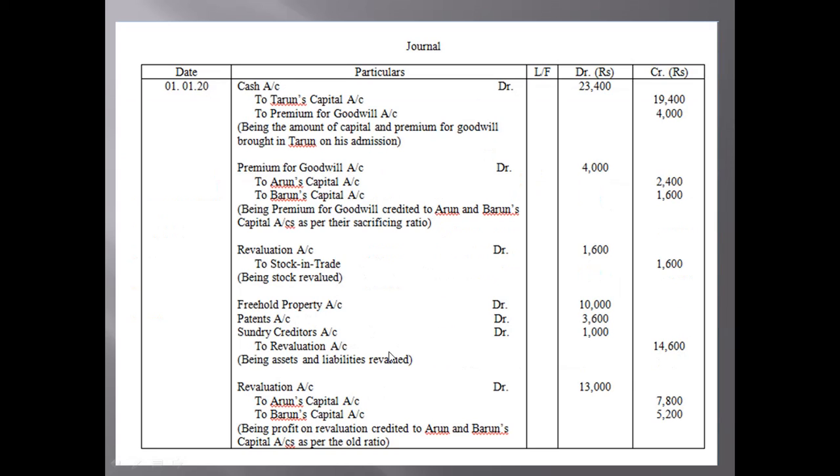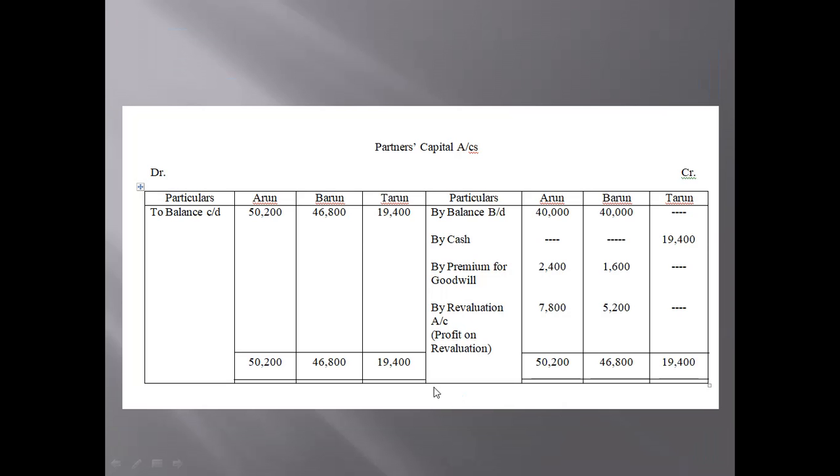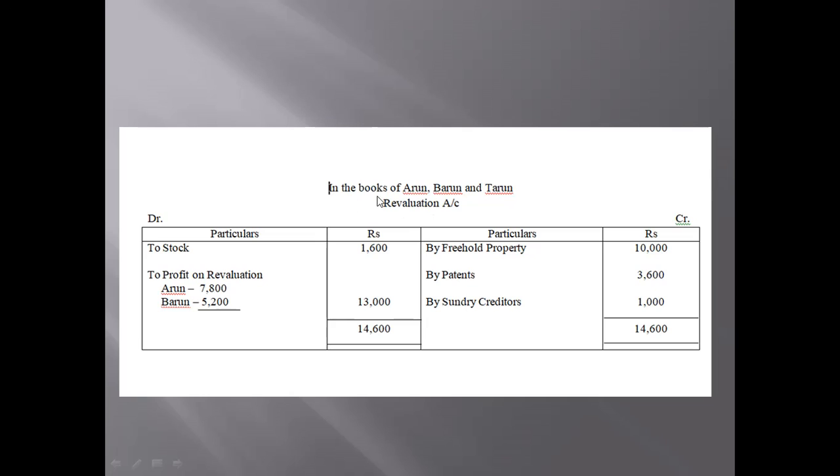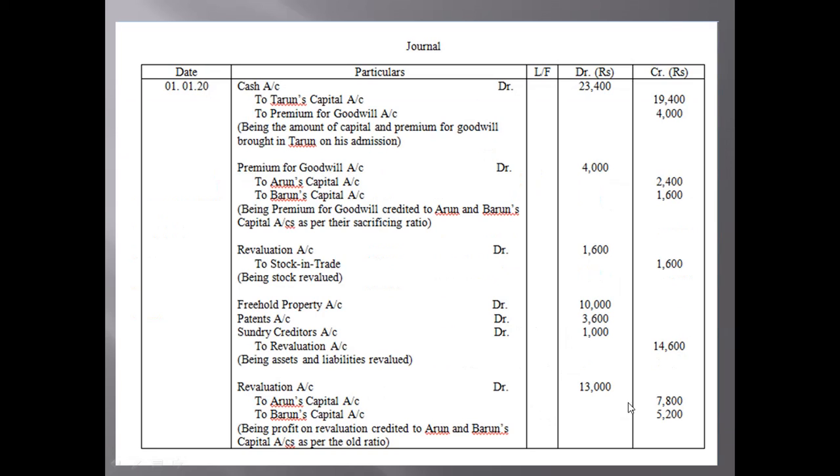Now this profit 13,000 you can see here in the revaluation account also. Revaluation account is being debited. This is debit. So revaluation account debit to Arun's capital account, to Barun's capital account. This much only.